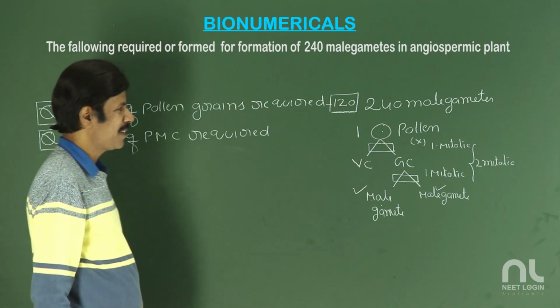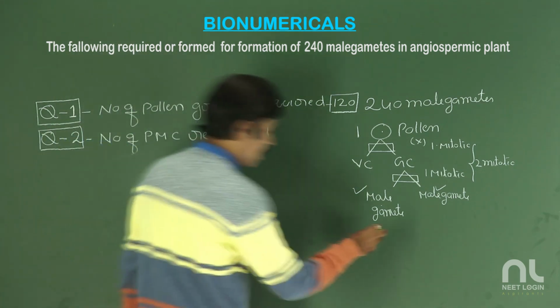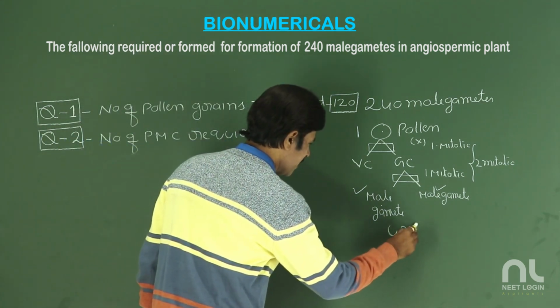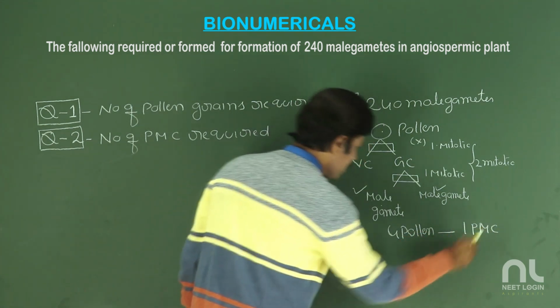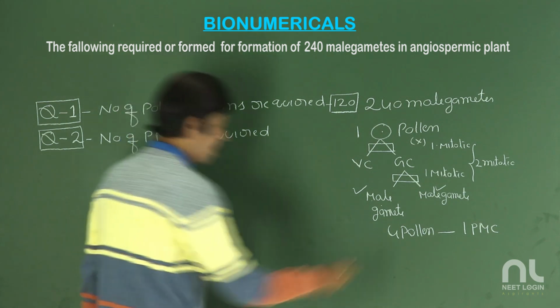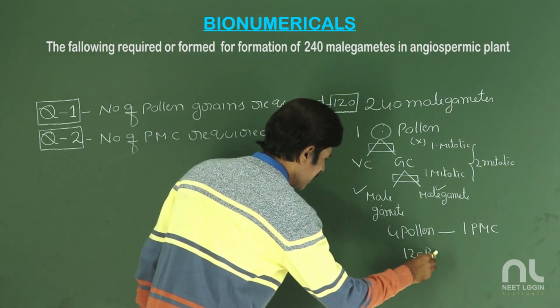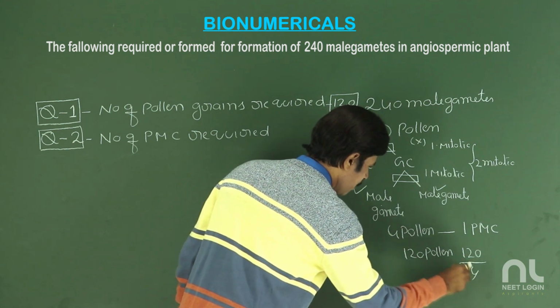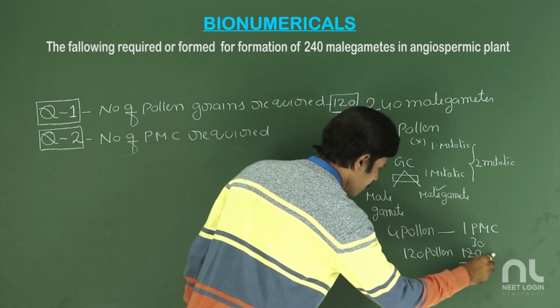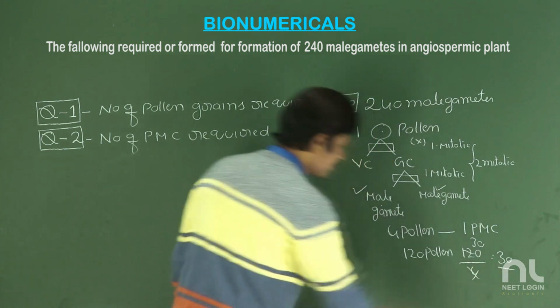So the number of male gametes is 240, the number of pollen grains is 120. Number of pollen mother cells required: for 4 pollen, 1 pollen mother cell. 120 pollen, 120 by 4, 30.